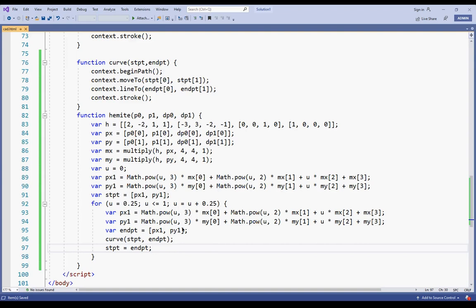Now what I do, I'll see only the first point. So u equal to 0.25. I just made this 0.25, so I'll check out the first line.